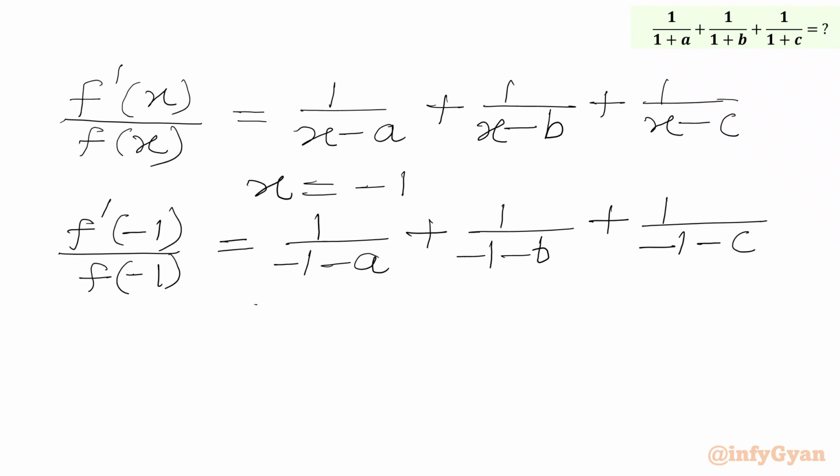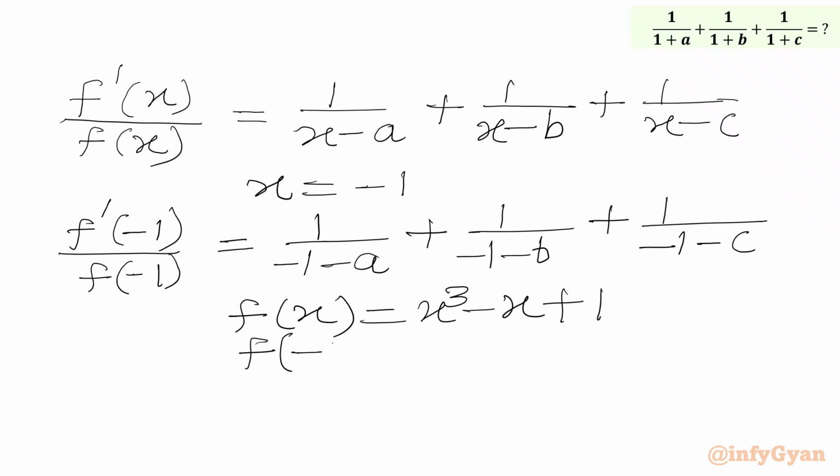Now we know that f of x equal to x cube minus x plus 1. So we can find f of minus 1, which we will put in the denominator of left hand side.